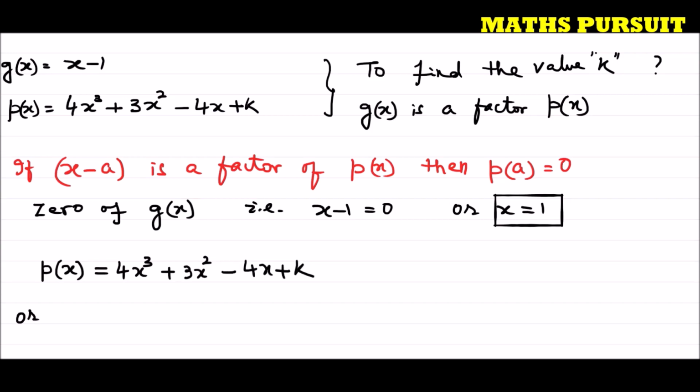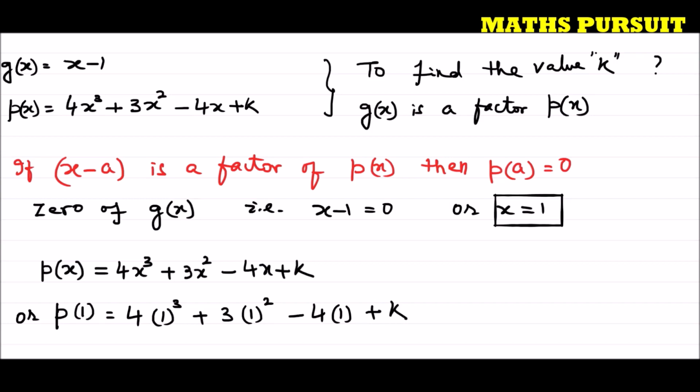Just replacing the value of x with 1, p(1) is equal to 4 into 1 to the power 3 plus 3 into 1 to the power 2 minus 4 into 1 plus k.